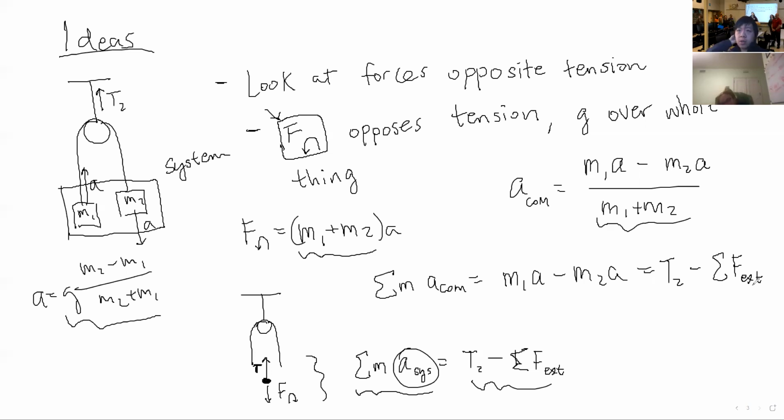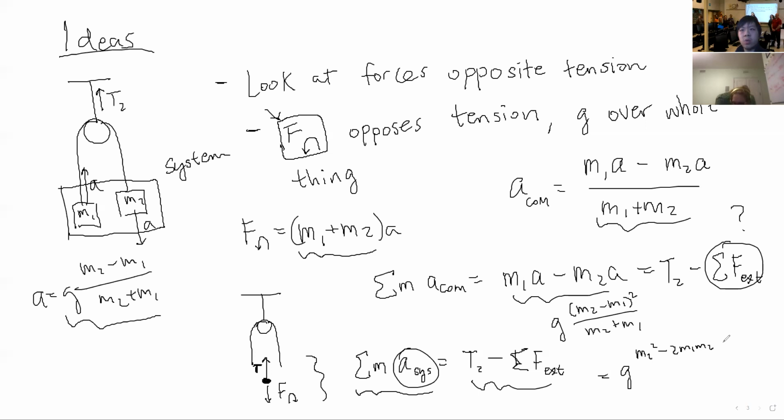However, what are the other forces that are external to the system? Any ideas here? Oh, by the way, I'm gonna just simplify this. So this is G times (M2 minus M1) squared over M2 plus M1, and this is equal to G times (M2 squared minus 2M1M2 plus M1 squared) over M1 plus M2, right?